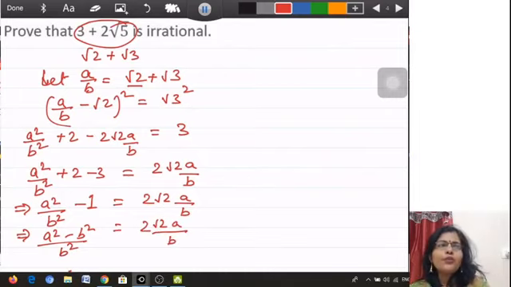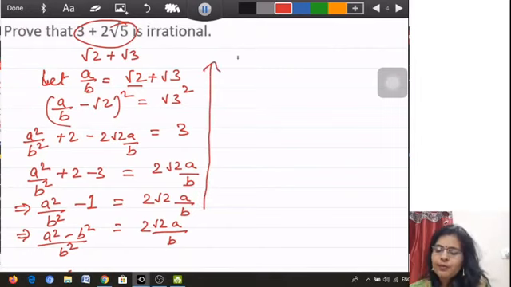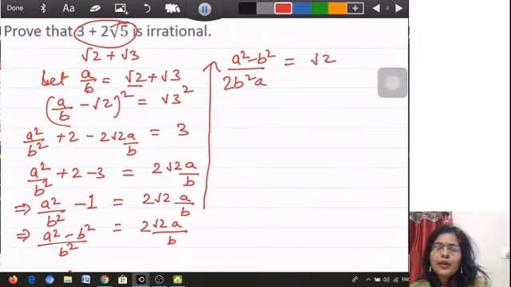So what we are going to do is, except leaving this root 2 over here, we will bring everything on one side. So what will it become? A square minus b square upon b square. This 2 will come downside, a will come here, and simply what will it become? Root 2.